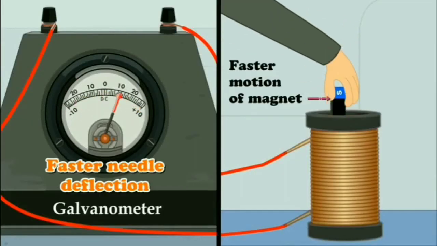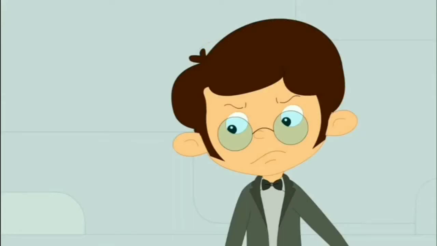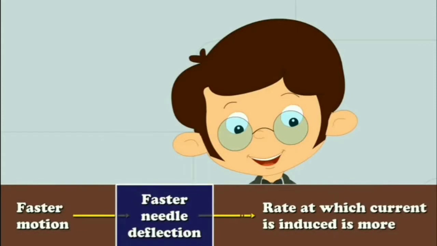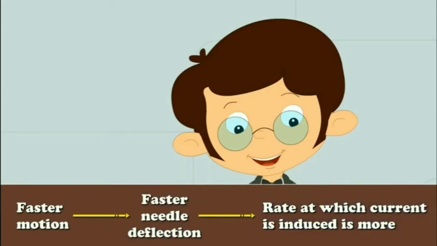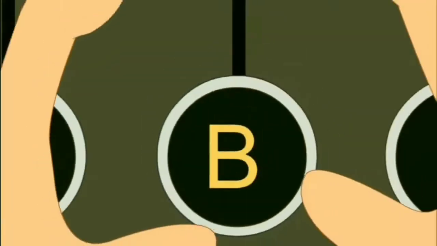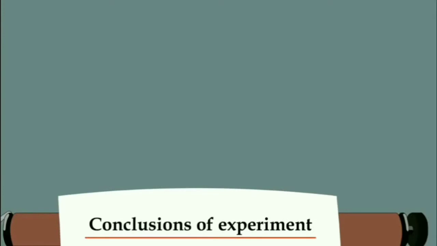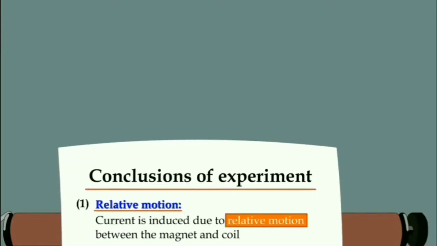Now Faraday tried to move the magnet faster relative to the fixed coil. He observed that the faster the motion, the more is the deflection in the needle of the galvanometer. That is, the more the rate at which the induced current is produced. So, on the basis of his experiments, he concluded the following points.